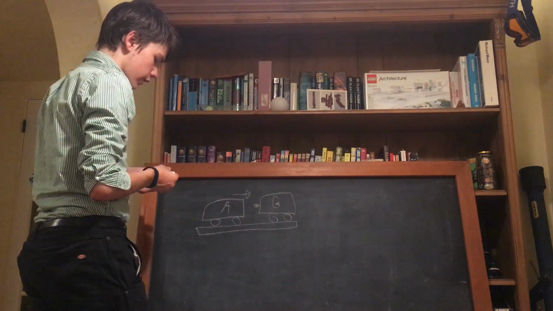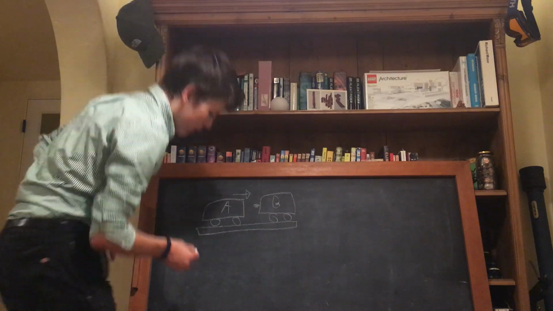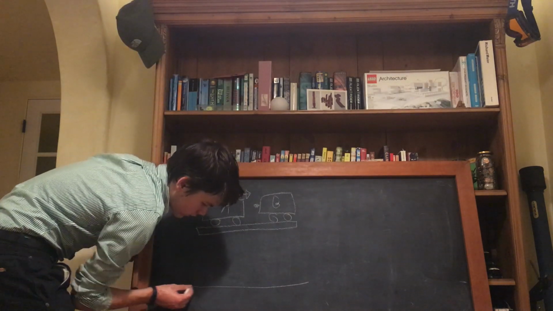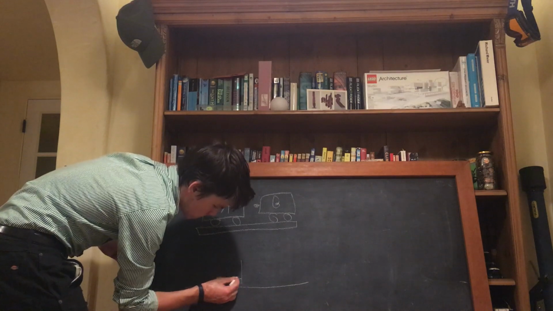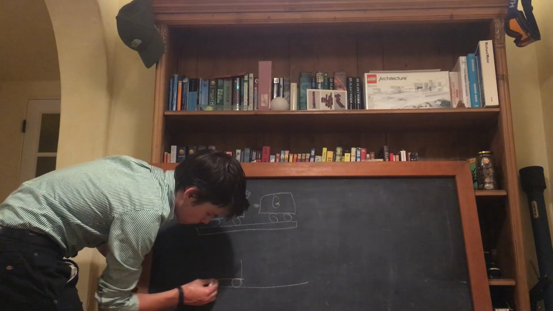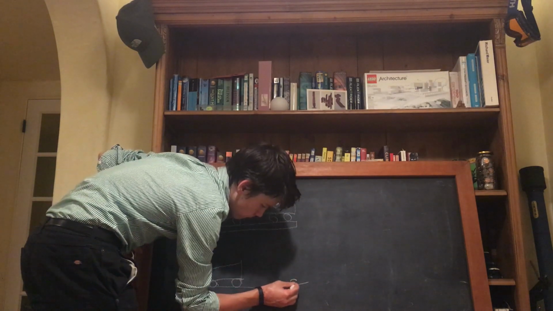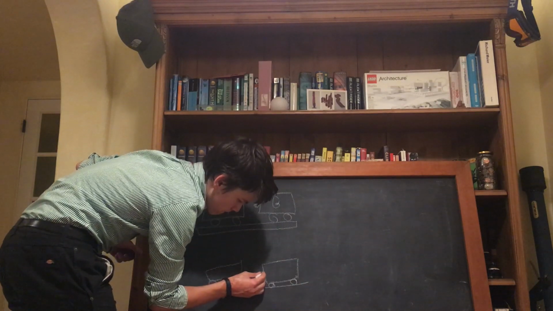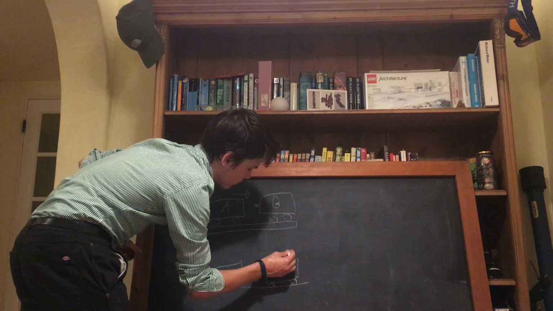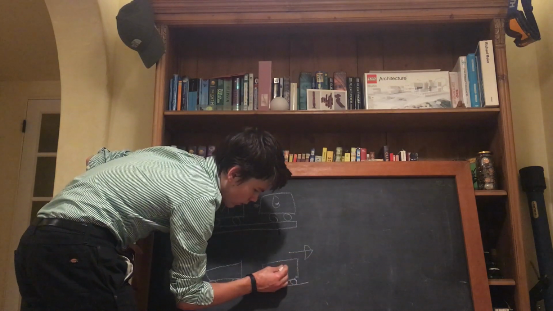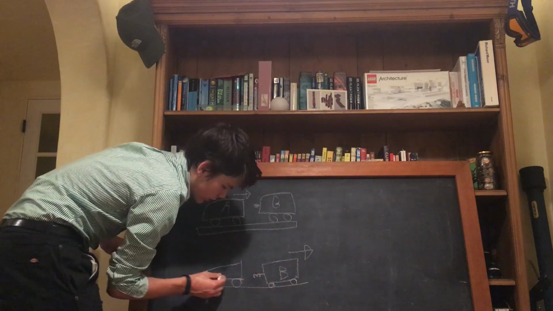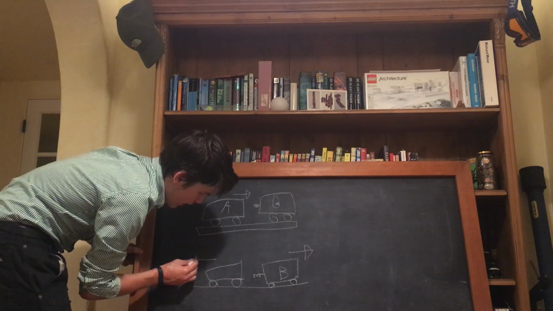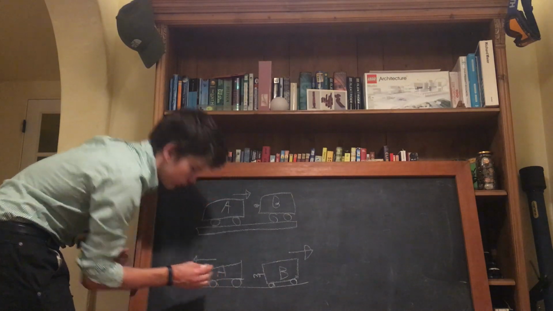So therefore, the second figure would look something like this, where this is the track. B would move outwards here, and then A would move in the opposite direction.